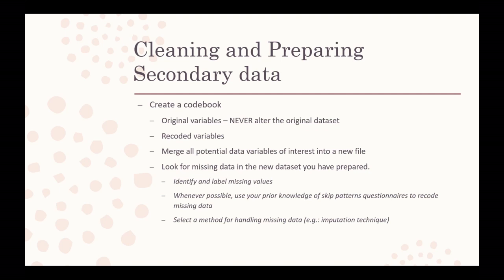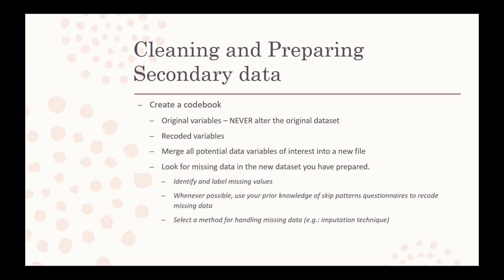Most importantly, as I said before, always look for missing data because missing data can actually create a lot of error in the study and you will lose precision and you will not get accurate results. So identify the missing values and label them. Whenever possible, use your prior knowledge of skip pattern questions to recode the missing data.